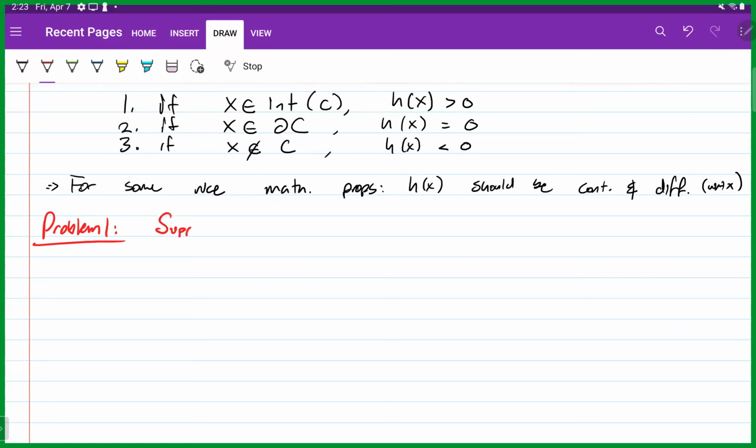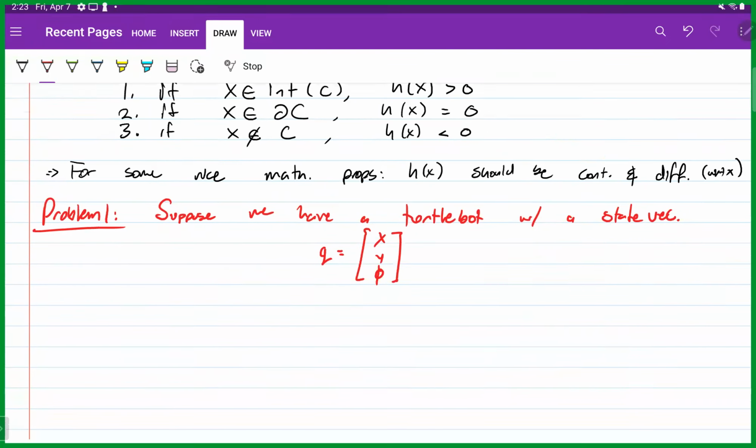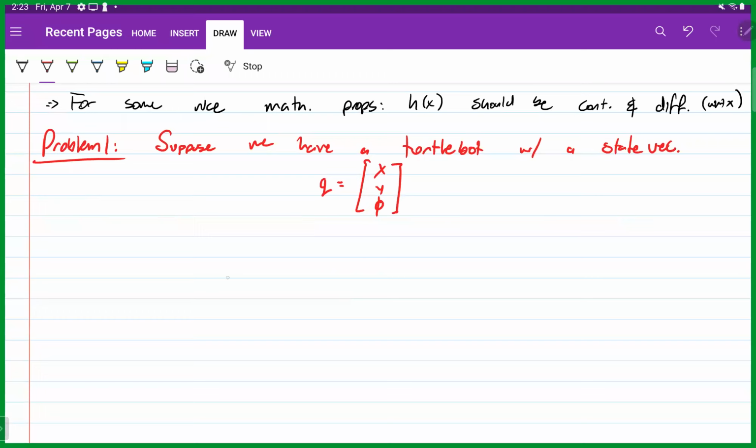Suppose we have a turtlebot with a state vector Q equals X, Y, phi. We have our turtlebot over here, at position X, Y, with some angle phi.